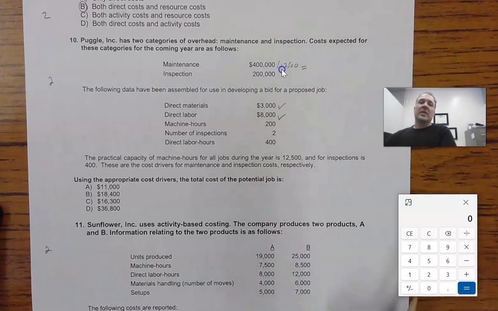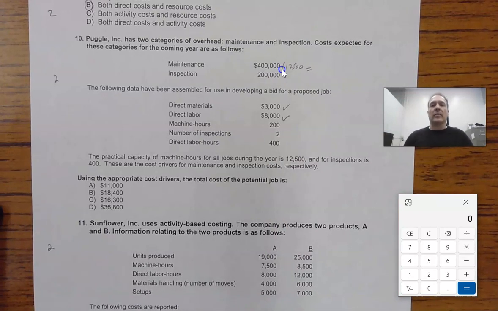And we're going to calculate a rate for maintenance costs. So we've got $400,000, and we expect that that will be driven by 12,500 machine hours. That's what we're saying. So every time we have a machine hour, in theory, it's going to lend itself to maintenance costs.